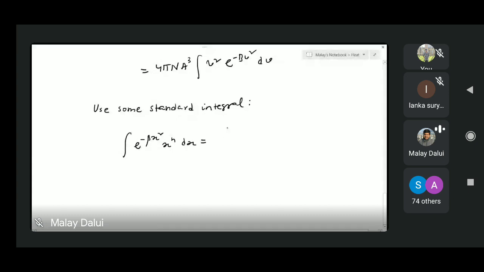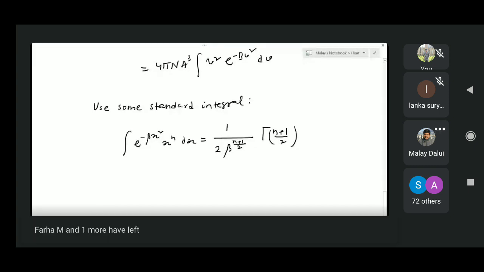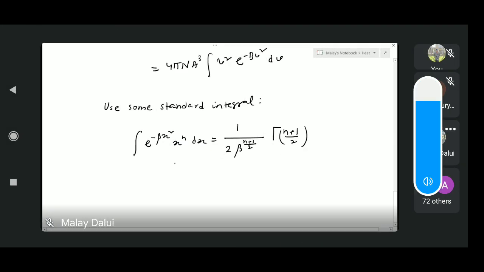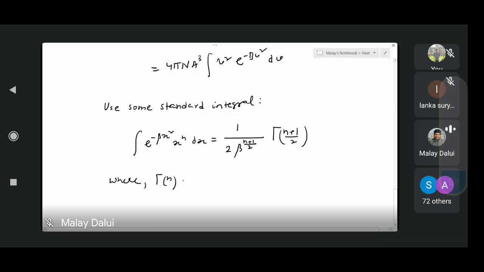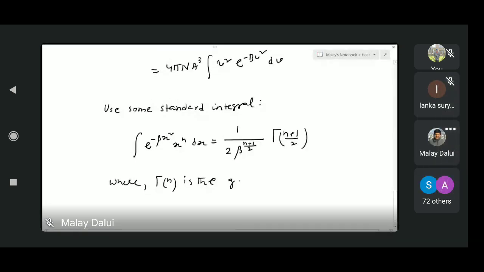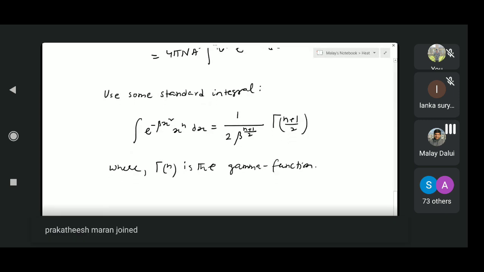This gives me something like 1 over 2 beta to the power n plus 1 over 2, times a new function called a gamma function, capital gamma of n plus 1 by 2. This is how the integral is defined, where gamma is the gamma function and n is the argument. It is defined mostly like this.